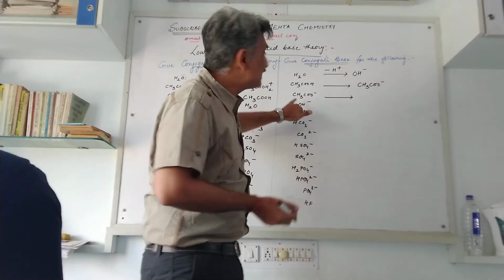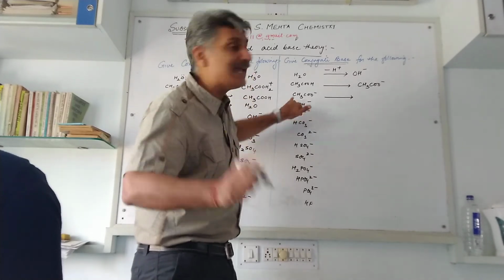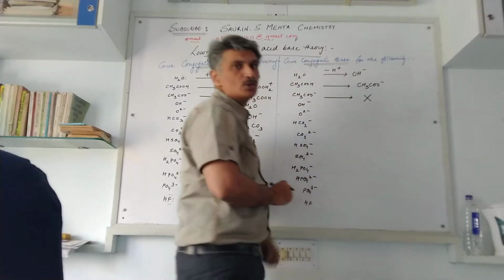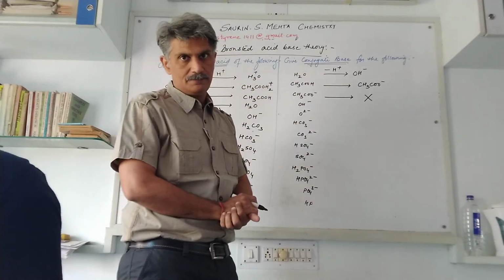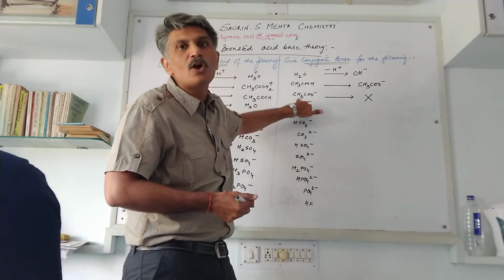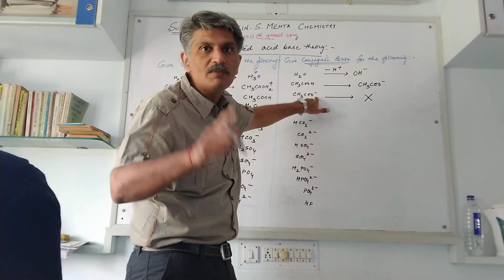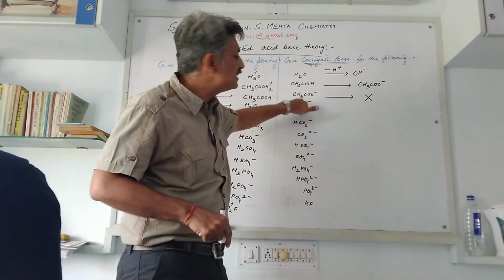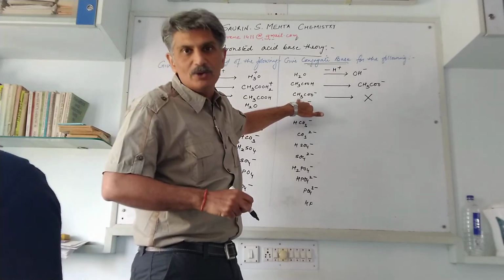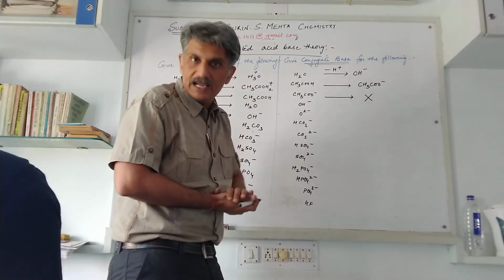So the acetate ion cannot give its conjugate base. Not possible. The 3 H atoms here are covalently bonded to the carbon, so they will not ionize. So not possible as far as the acetate ion is concerned.